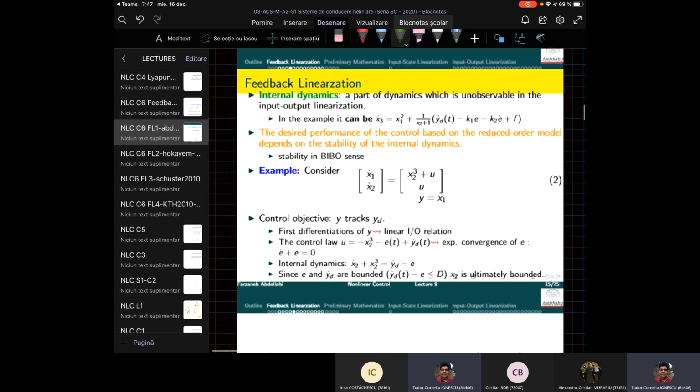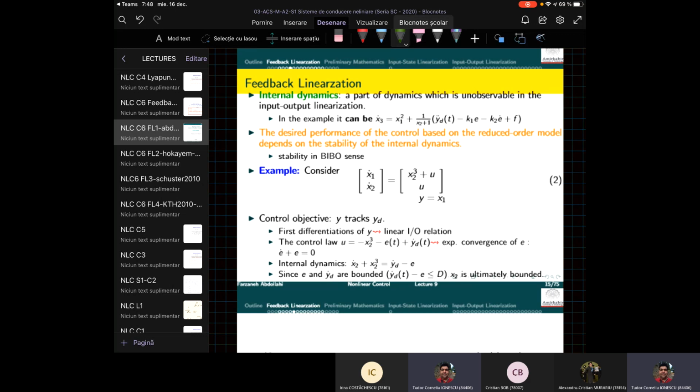So what else do we do? Internal dynamics: a part of the dynamics which is unobservable in input-output linearization. For instance, in the example we have x3, x1 squared plus this. The desired performance of the control based on the reduced order model depends on the stability of the internal dynamics, which is not seen. That's what we do in the input-output framework with transfer functions.